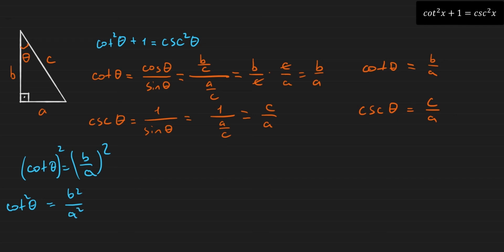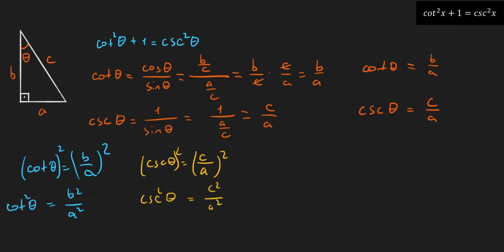And just like that, cosecant theta is C over A, we know that from here, and if we square both sides, we get that cosecant theta squared equals C squared over A squared.